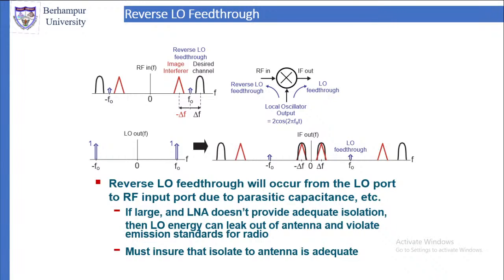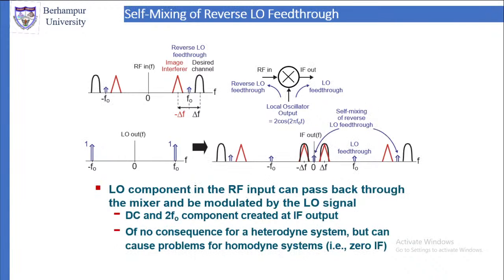Mostly these feed throughs are because of parasitic capacitances. If it is large and the LNA, the low noise amplifier, does not provide adequate isolation between the antenna and the mixer, then LO energy can leak out to the antenna and violate emission standards of the radio. So we must ensure that this is isolated from the antenna properly. Adequate isolation from the antenna is necessary.